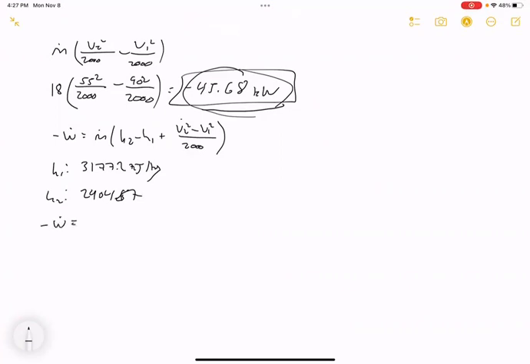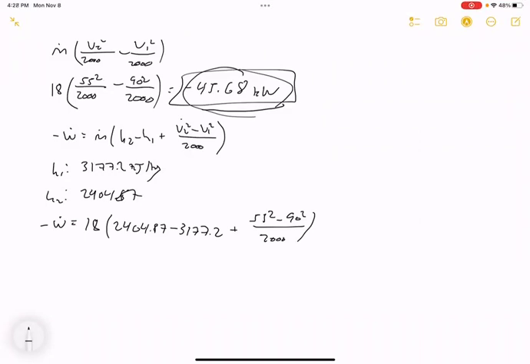So negative W equals m dot times (H2 minus H1 plus V2 squared minus V1 squared over 2000).